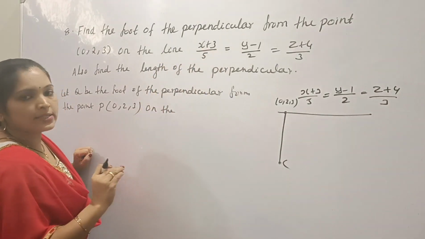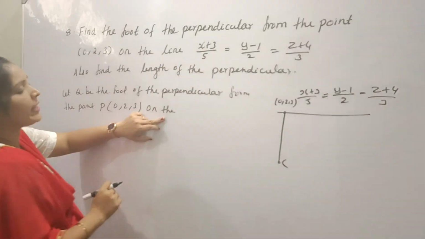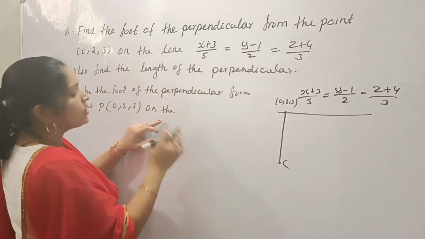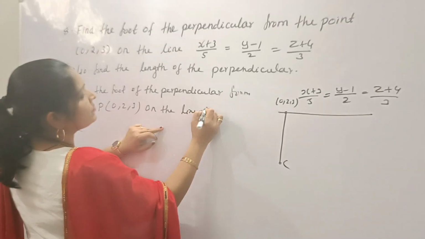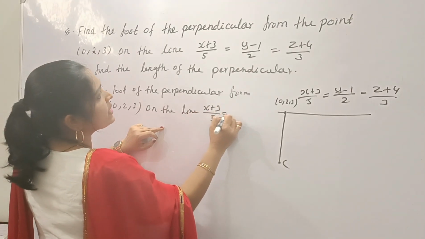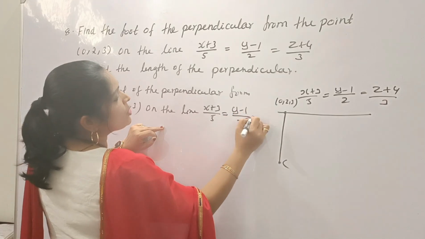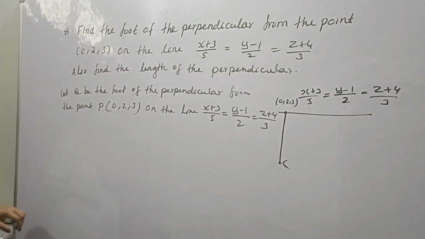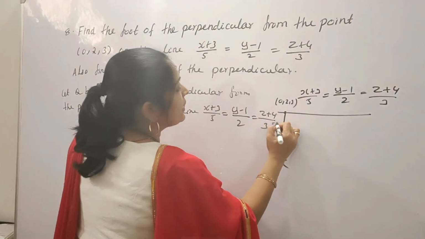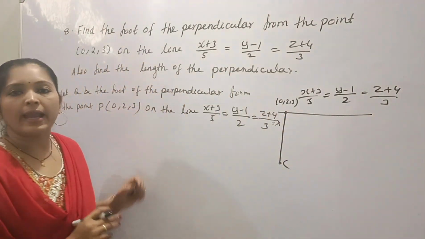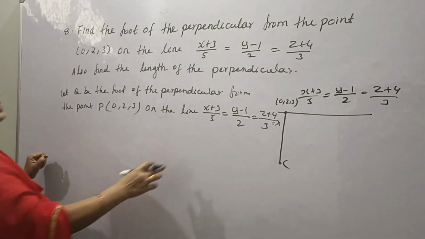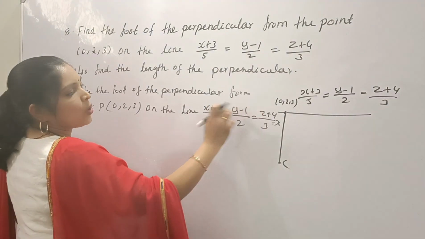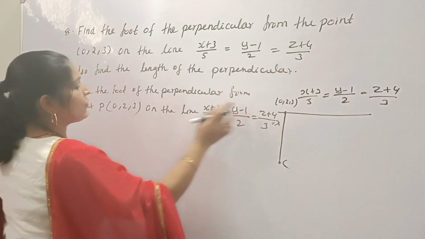This line is in standard form, therefore no need to change. (x + 3)/5 = (y - 1)/2 = (z + 4)/3 is equal to lambda. Say it is lambda. Now let's find the x, y, z values.